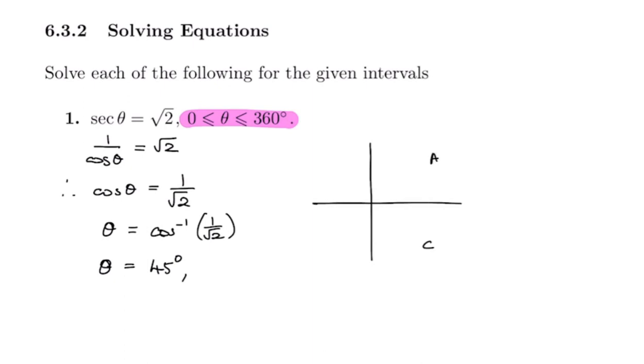C, A, S, T, 0, 90, 180, 270, 45 degrees goes there. We do cos of a positive, so that goes there. So you can see the other solution, therefore, will be 315 degrees.